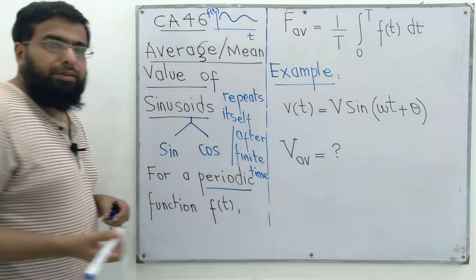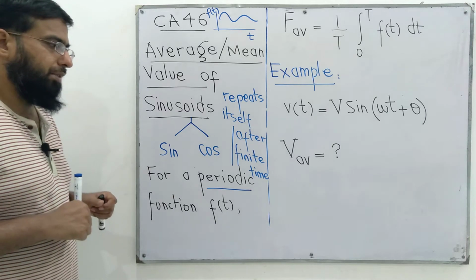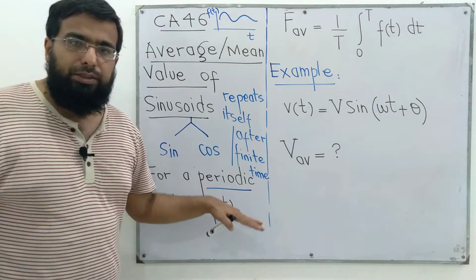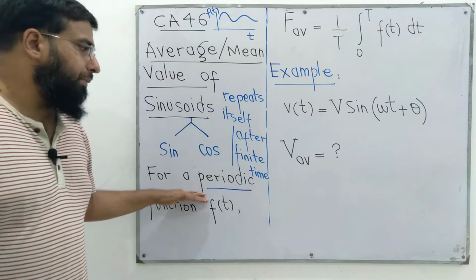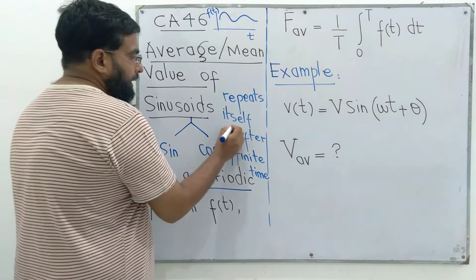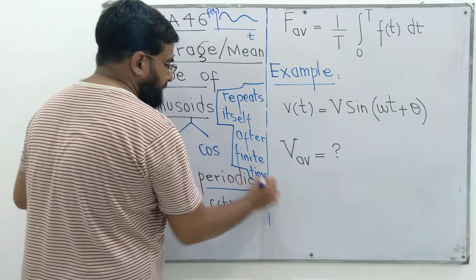For example, a sine signal, a cosine signal, they repeat themselves after finite time. Therefore, they are periodic signals. A periodic signal has a time period that is less than infinity. They repeat themselves often.